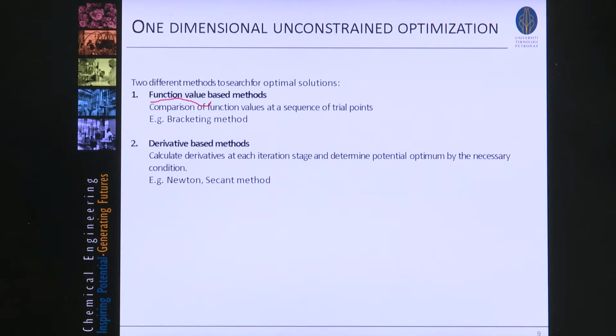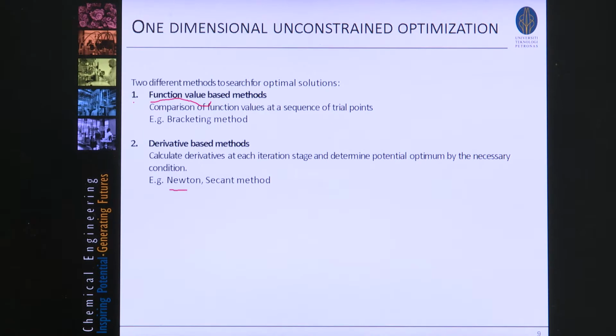One of the methods here is called the bracketing method. We'll go through what that is. The second is called the derivative-based method. If we can differentiate the objective function, we can use this approach: Newton's method, the secant method, and any other methods using a derivative-based approach.